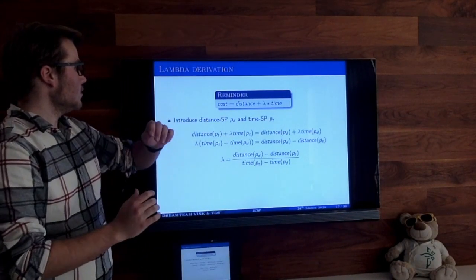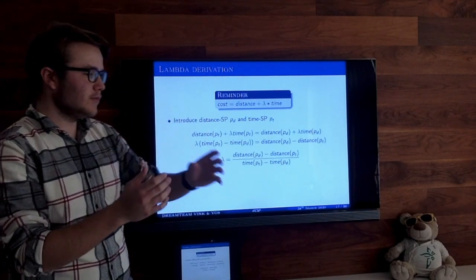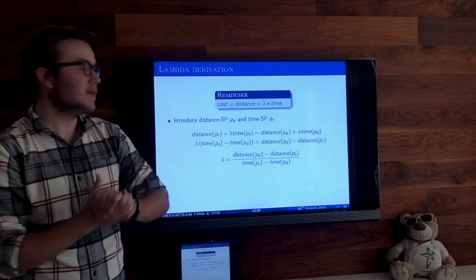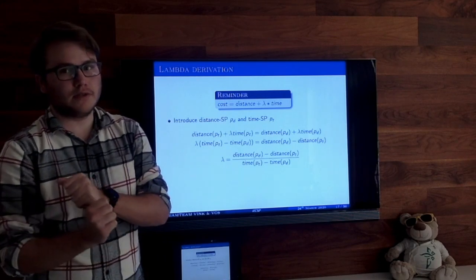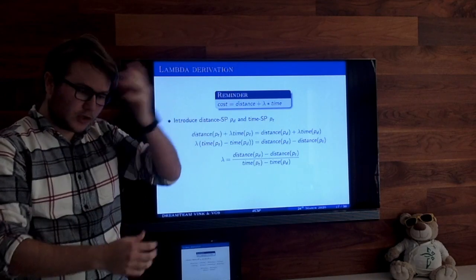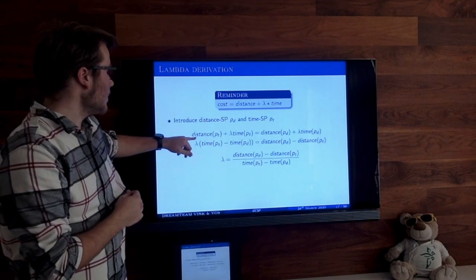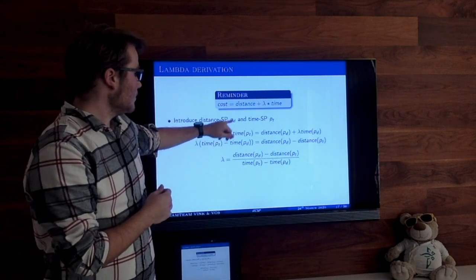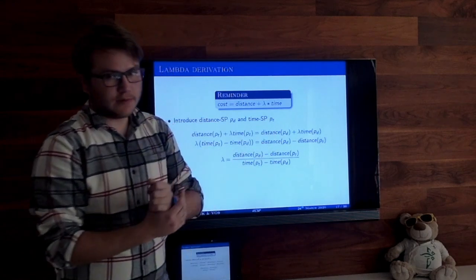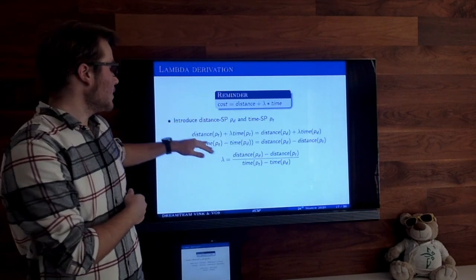Right, so the lambda we can compute by introducing 2 shortest paths. One is the distance shortest path, denoted by PD, and the other is the time shortest path, denoted by PT. Now, from these 2 paths, the total cost of the time path can be computed by the distance of path T plus a certain lambda times the time of path T. The same we do for the distance shortest path, and then we get this nice equation.